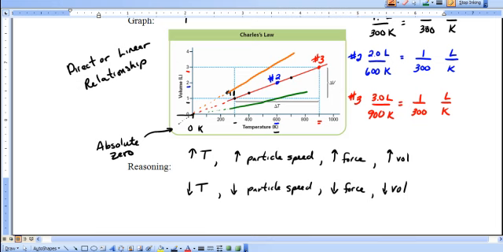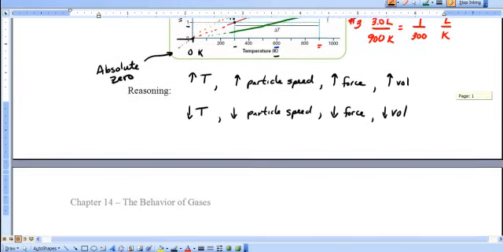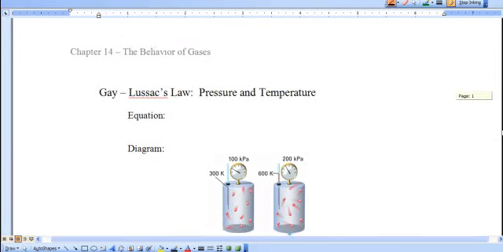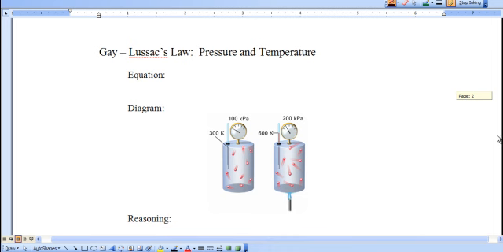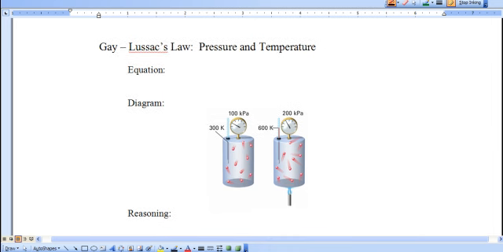All right. So it's just kind of an interesting sidebar to Charles's law. The main thing here is realizing that volume and temperature are directly related. All right, moving on. Let's take a look at Gay-Lussac's law. Now, he was also a Frenchman. He was slightly after Jacques Charles.